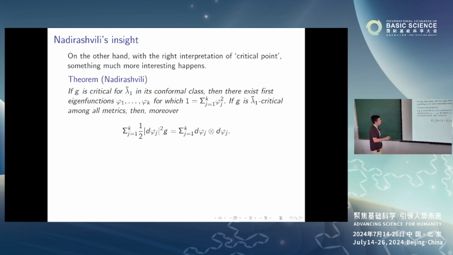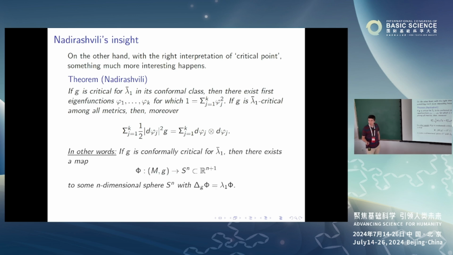Okay? And moreover, looking at the second part of that tensor, if G is lambda 1 bar critical among all metrics, then we know that in fact this sum of d phi tensor d phi is exactly this sort of energy of this map times the metric. Right? So let's read that off a little more geometrically.